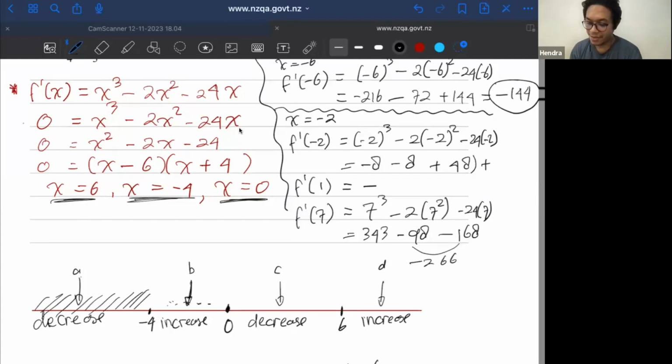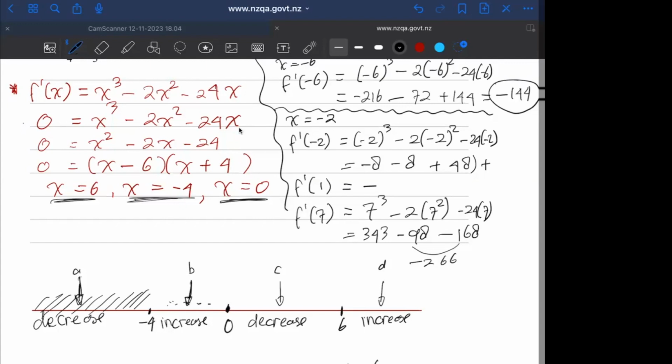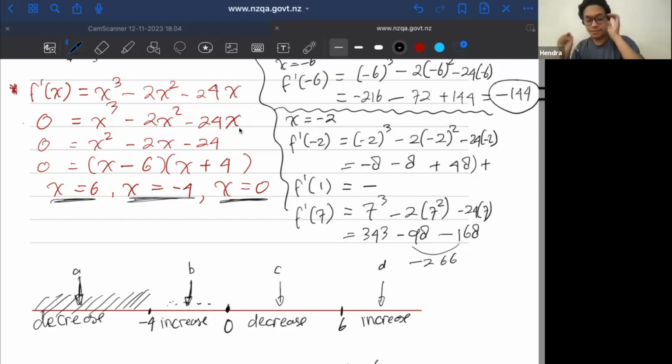For example, on A, if you choose any number below -4, it will always give you negative. Any number, including decimals and fractions. You can prove that.